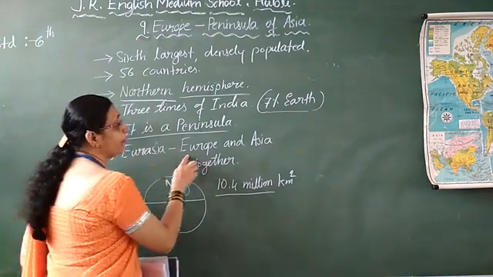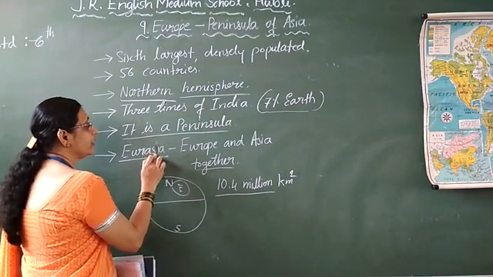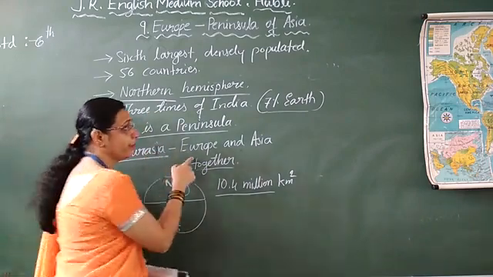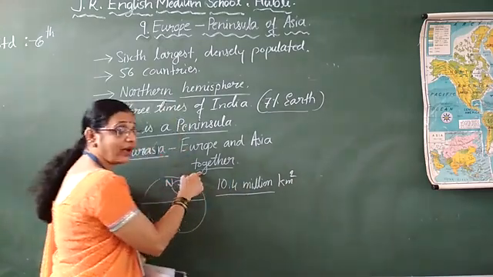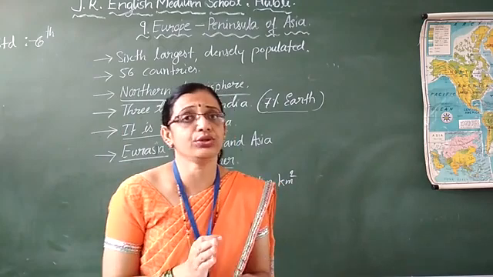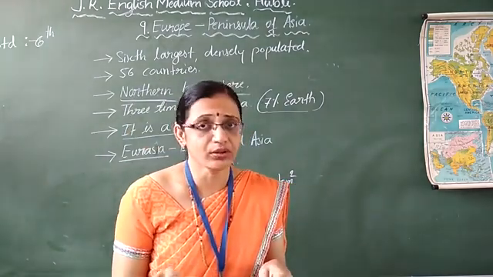Europe and Asia together are known as Eurasia. You already learned this in the Asia lesson, children. Why is it so? See children, Europe and Asia are very close. They are together but not joined.